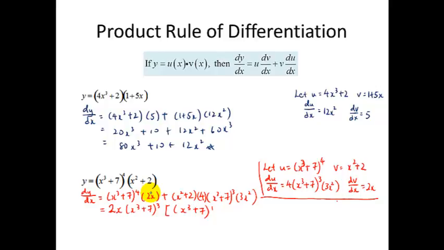And I'm done with the first term. Now we go on to the second term. I took out 2, so I'm left with 2 here. I took out x here, so here I'm left with 3x. And I took out (x cubed plus 7) power 3 totally. So I'm left with x squared plus 2, which is from here.